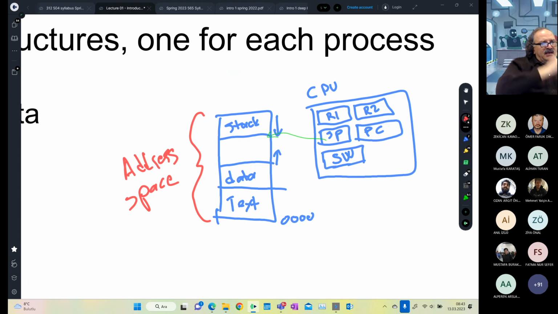What does that mean? It means that each program, each process has its own address space. It is logical, not physical, but the process thinks that it has this physical address space. It shares the physical locations with some other processes in a smart way, of course.